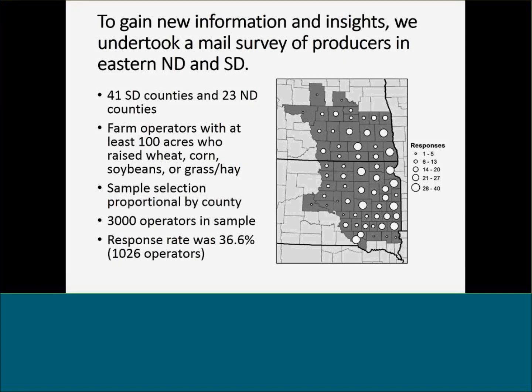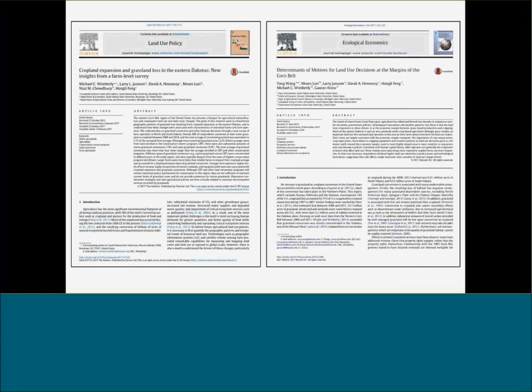The response rate was just over a third, about 37%, which I wasn't too excited about when I saw it, but I was told that's actually a fairly good response rate for this type of agricultural survey, and we ended up with more than 1,000 responses to work with, which was nice.